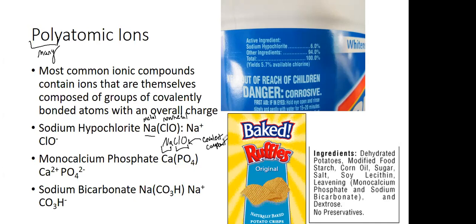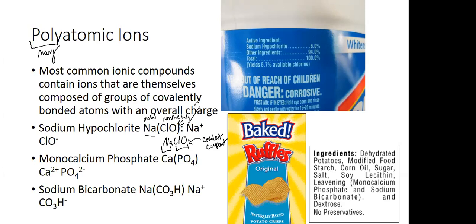That's not always going to be the case. There are many exceptions. But usually it's safe to assume that, especially if they put it in parentheses like this, that means almost always that's a covalent compound.